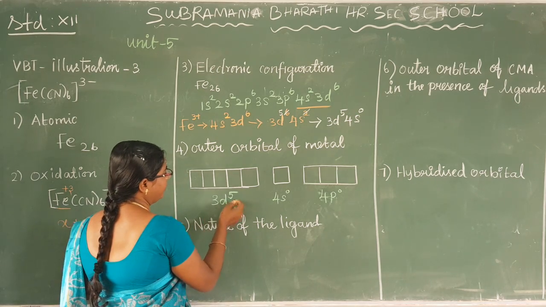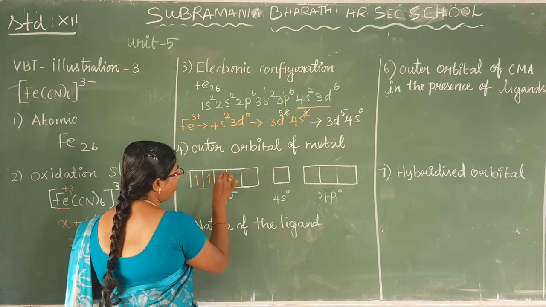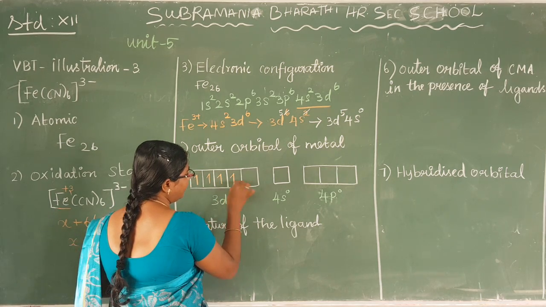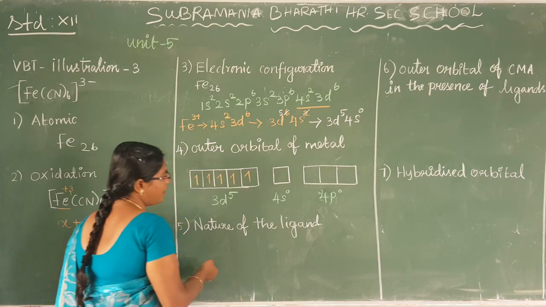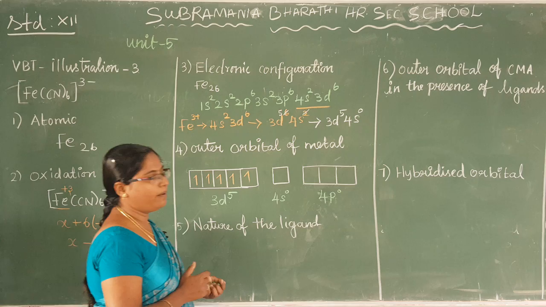So 3d5 means the first electron, second, third, fourth, and this is the fifth electron, filled following the half-filled principle.